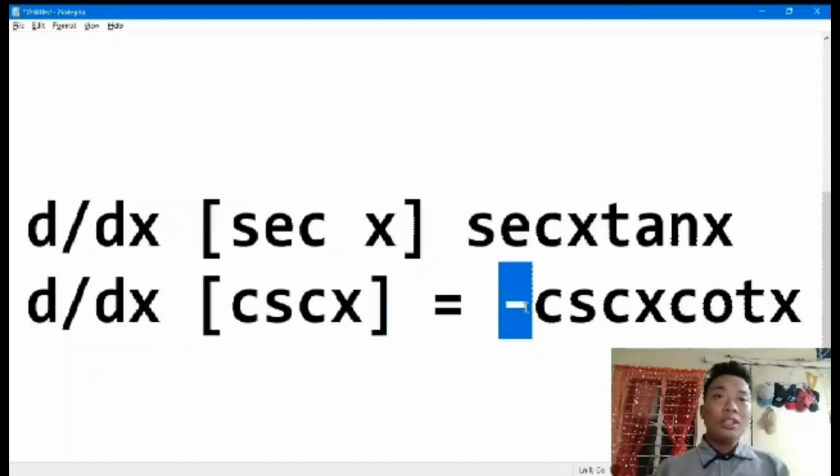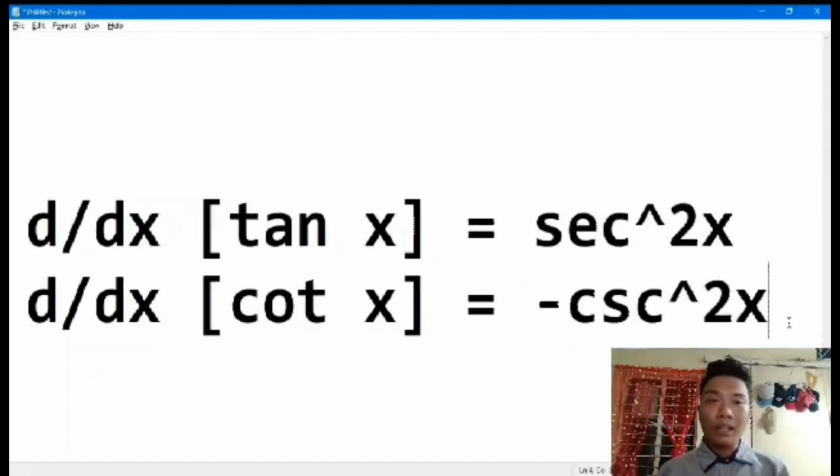So, notice that the derivative of every cofunction, particularly those that start with the letter C, has a negative sign. Notice the similarity between tangent and cotangent: the derivative of tangent is secant squared, and the derivative of cotangent is negative cosecant squared.